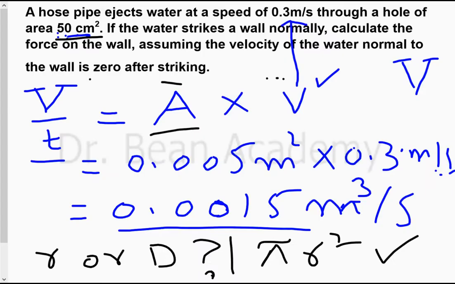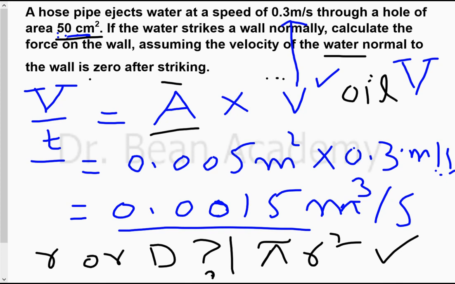Similarly, if they give a different liquid, because in this question they told us that the liquid was water. But suppose they give not water, they say that oil is passing through the pipe. What will you do? What will be the difference in the calculations?